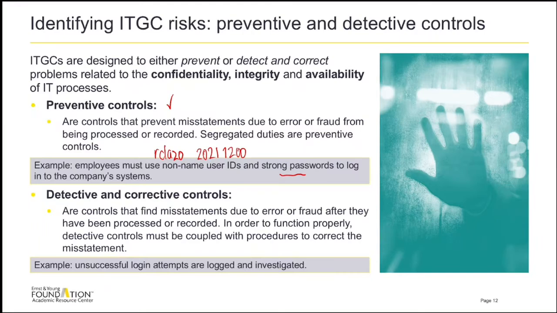Next, detective and corrective controls. These are controls that find misstatement due to error or fraud after they have been processed or recorded. In order to function properly, detective controls must be coupled with procedures to correct the misstatement. So for example, in relation to logging in, unsuccessful login attempts are logged and investigated.